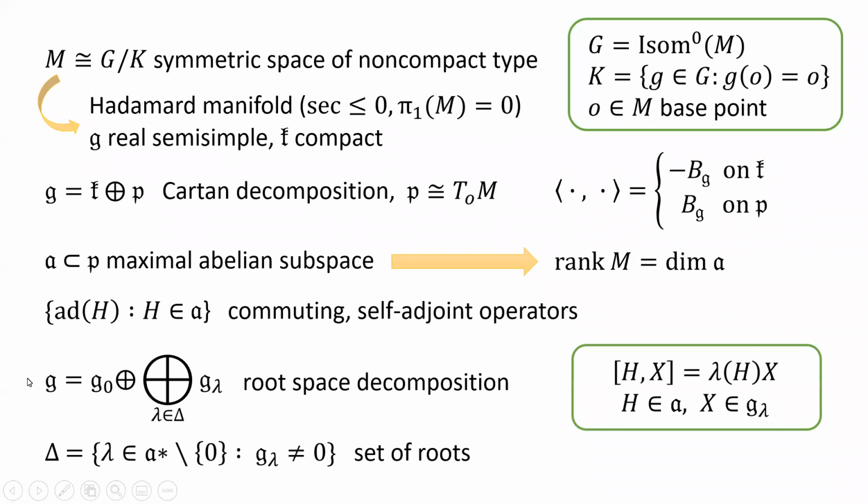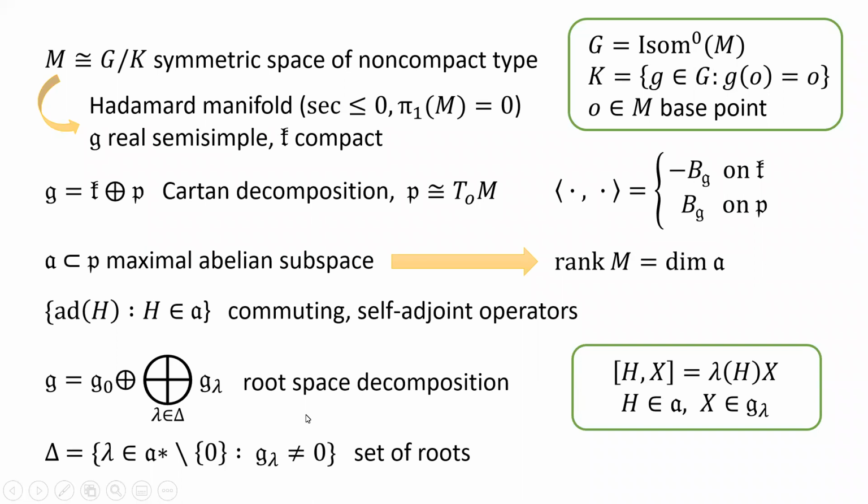Okay, which says that g splits as a direct sum of some subspaces, g_0 and g_lambda, and these g_lambda are parametrized by some elements in this finite set, capital delta, and this is the set of restricted roots. Formally these are covectors in a, this maximal abelian subspace of p. Okay, this is the set of roots. I will forget about the word restricted throughout the talk.